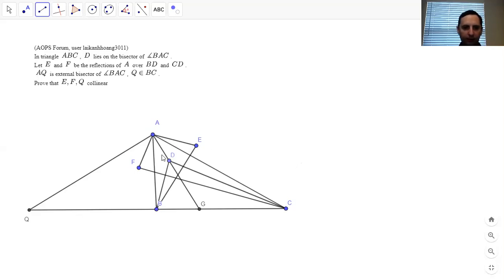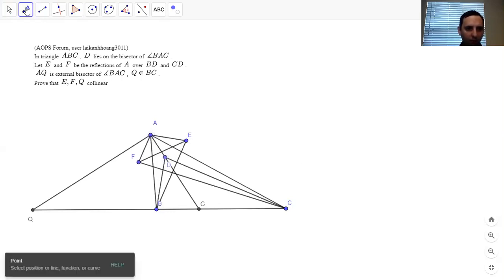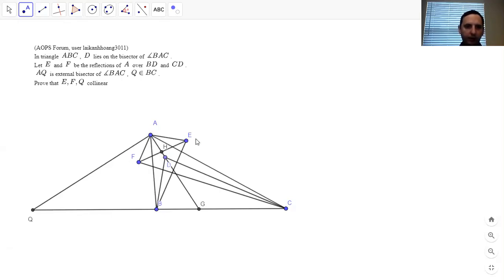I wonder if we let FE intersect AG at a point, like for example, if we do something like this. Let's see, maybe we could show the cross ratio AQ, AF, AH, and AE is, yeah, actually, I'm not sure.